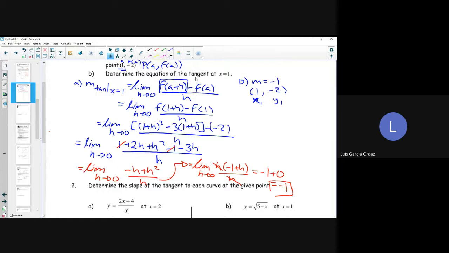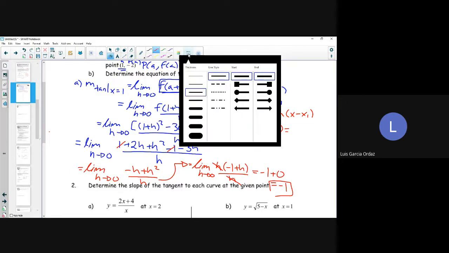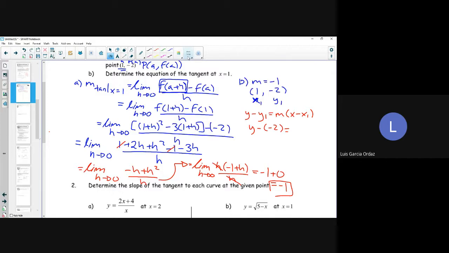Yep, y minus y1 equals m times bracket x minus x1. So we know my y1 is going to be -2. My m is -1. And I know my x1 is just +1.